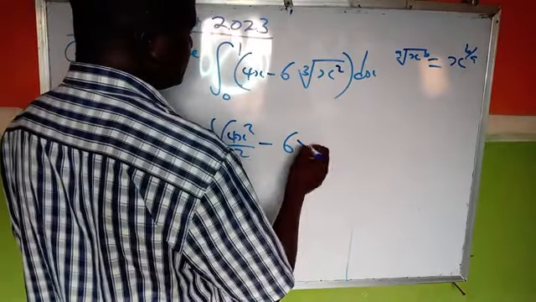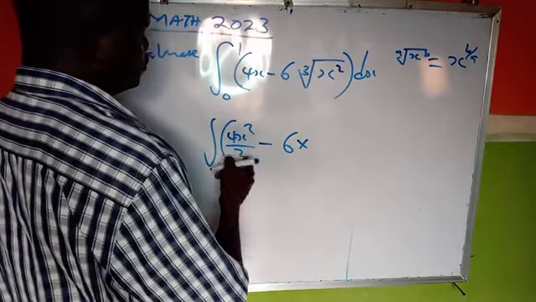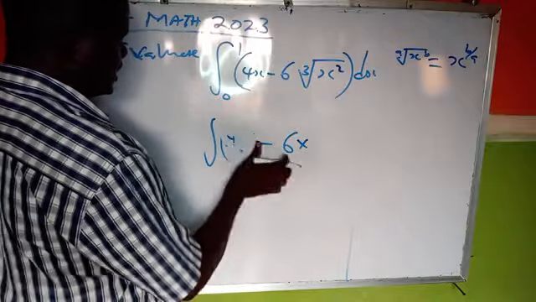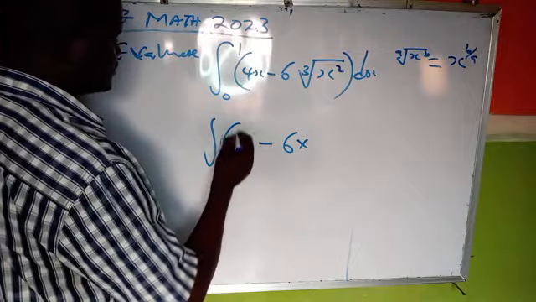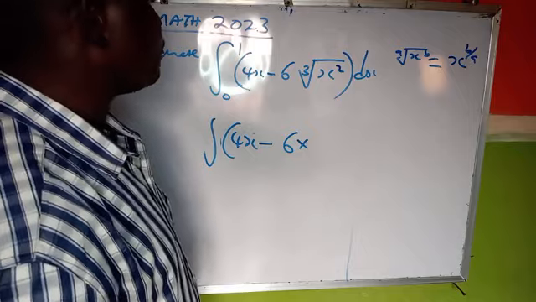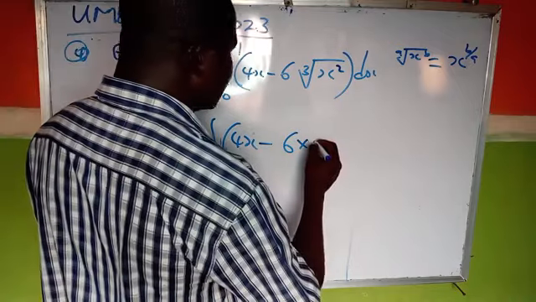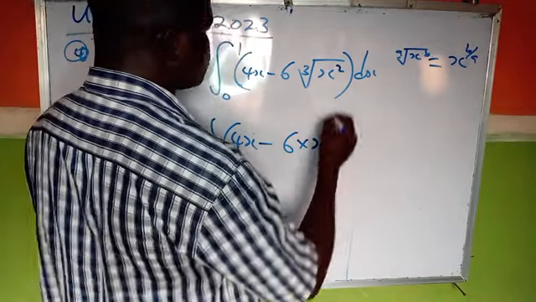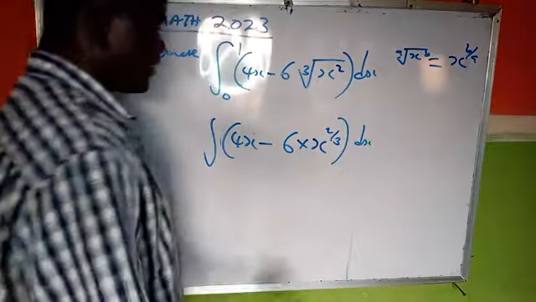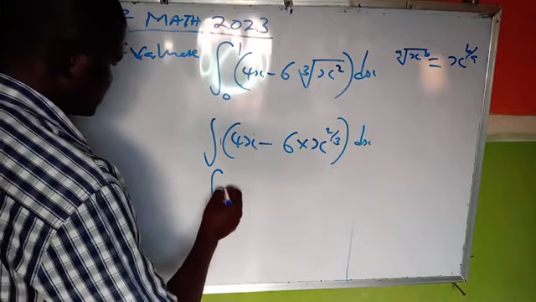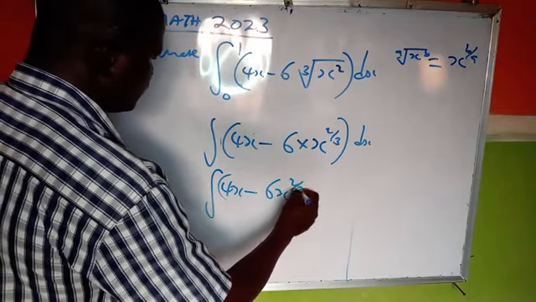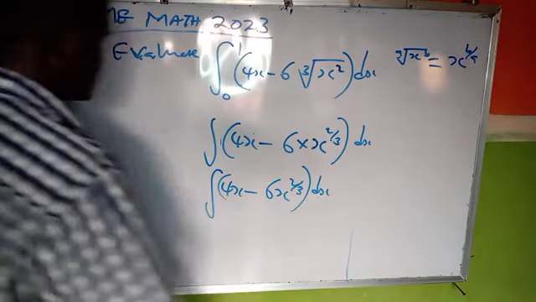So before you integrate, let us have this one just as 4x first. So what we have here is x raised to power what? 2 over 3 into bracket dx. So you can now have this one as 4x minus 6x raised to 2 over 3 dx.